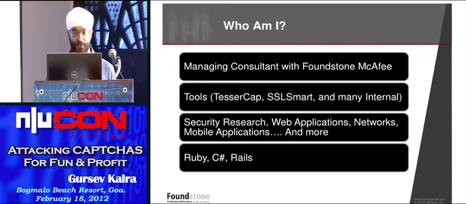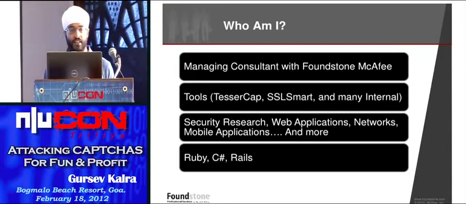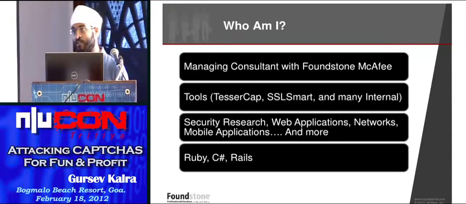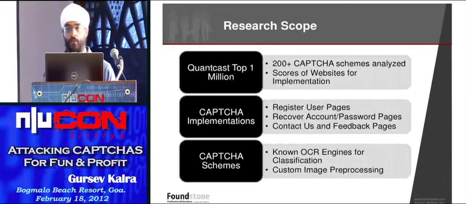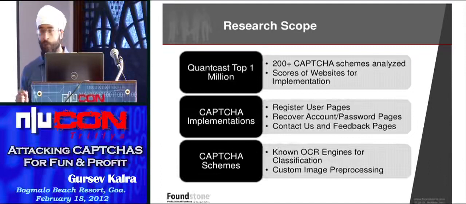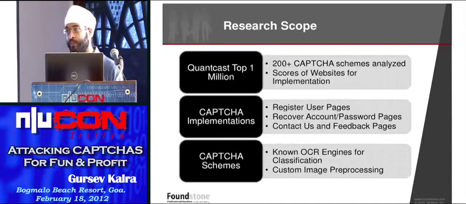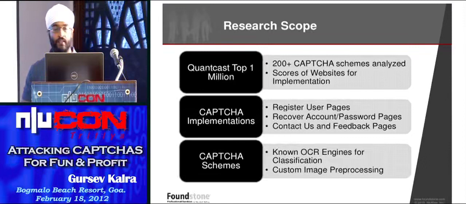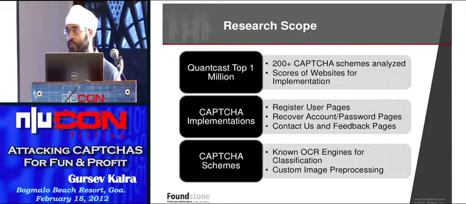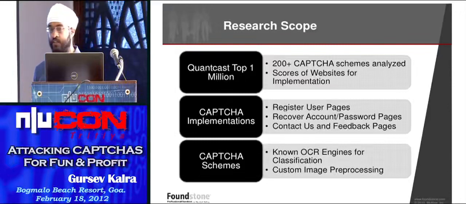So let's go ahead and look at how all this was done, which I'm going to discuss today. I looked at Quantcast's top 1 million websites. I mean, not all 1 million, but 200 plus CAPTCHA schemes from the top million websites were chosen based on how the CAPTCHAs were created, the images were generated.